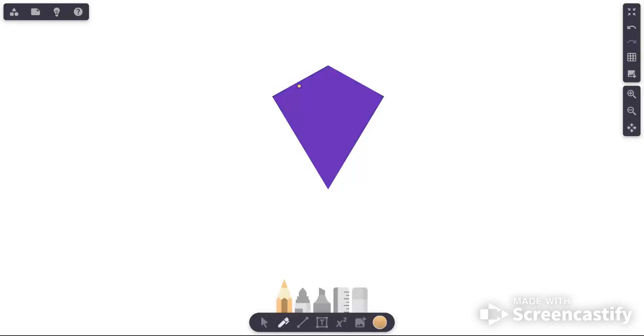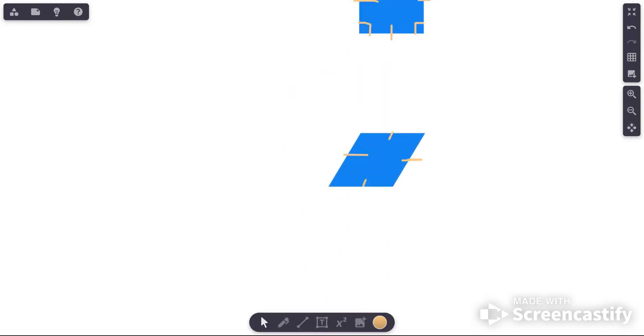So we have these two sides equal in length to each other, and these two adjacent sides are equal in length to each other. And so that is what makes a kite a unique type of quadrilateral, because it has these adjacent sides that have equal lengths. And that's what makes it a kite and also a quadrilateral.